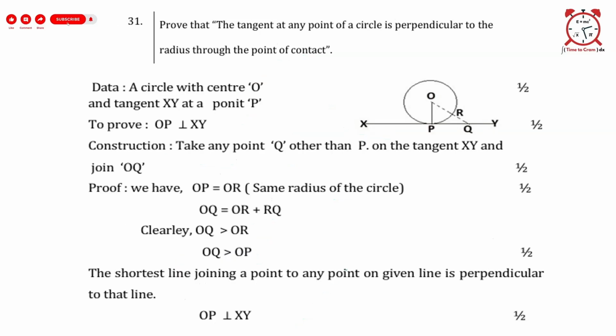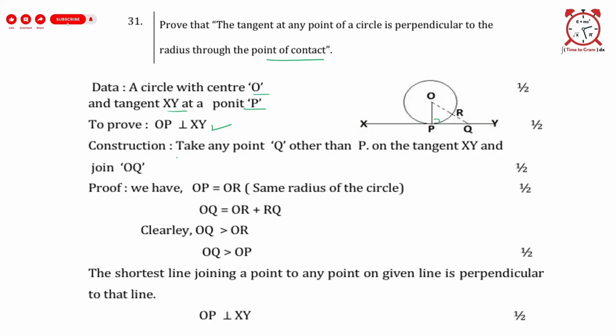Next question 31. Prove that the tangent at any point of a circle is perpendicular to the radius through the point of contact. This is the theorem we know. So we have to write the data properly first. This figure we have to draw in the exam by ourselves. So from the figure, O is the center, tangent is XY, and P is the point of contact. We have to prove that OP is perpendicular to XY here.